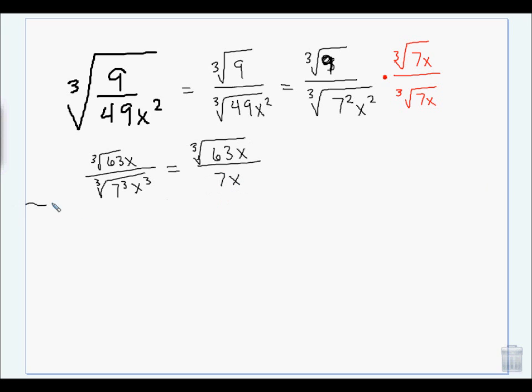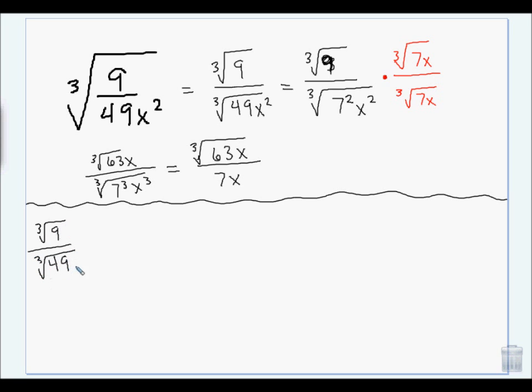There. Okay, so same general idea. I have to split it. And if I don't see the squares, to get rid of a cube, I have to cube it. So I multiply by 2 of them, since I have 1.